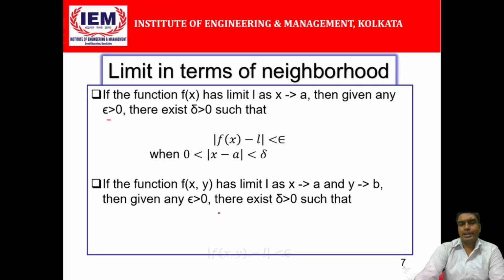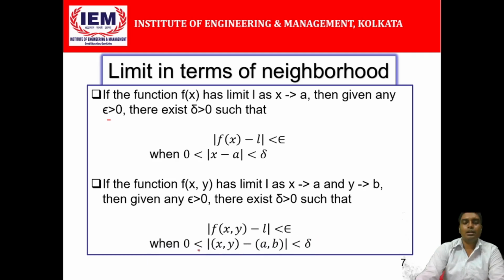In this case, the norm of f(x, y) minus L is less than epsilon whenever 0 is less than the norm of (x minus a, y minus b), which is less than delta. So in a similar way we can define the limit in terms of neighborhood, right? Here we are excluding the point (a, b) itself. For the case of limit we have to exclude the exact point, so that's why it should be greater than 0.